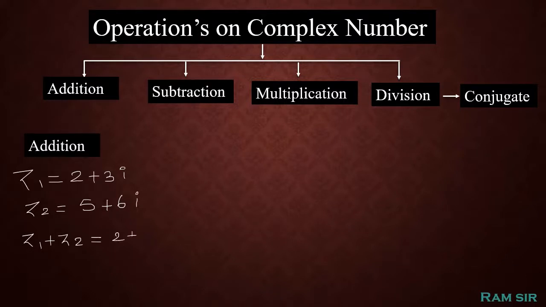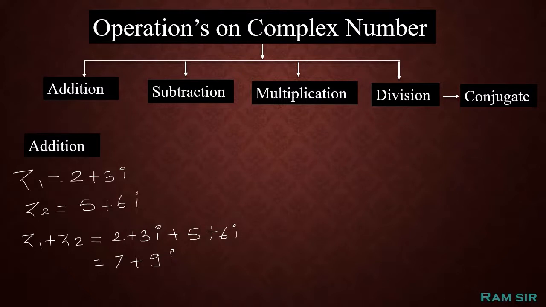Add the like terms: the terms not having i, add them, and the terms having i, add them. Meaning add the real part with the real part and the imaginary with the imaginary. So we add 2 and 5 gives 7, plus we add 3 and 6 gives 9i. So this is the answer of z1 plus z2.